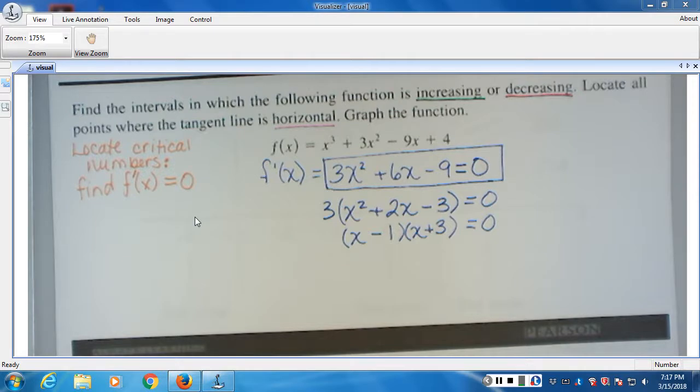Now, if you didn't want to factor that and you want to go with the quadratic formula, that's fine.